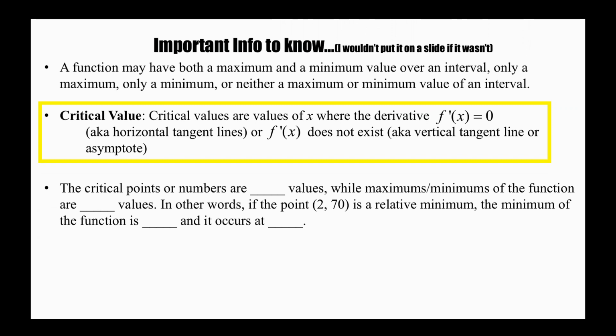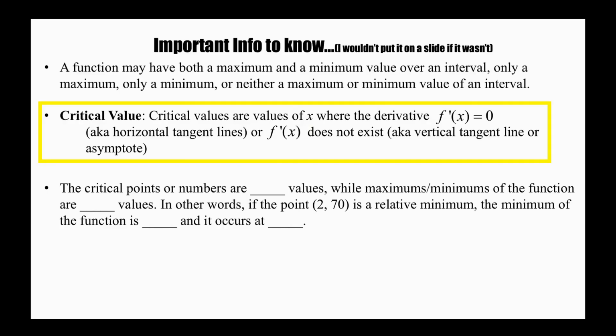Okay, how would it have neither? Picture a function from A to B. Can anyone tell me a function that would have neither a maximum nor a minimum?